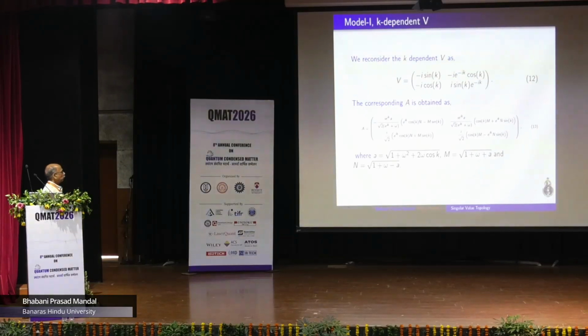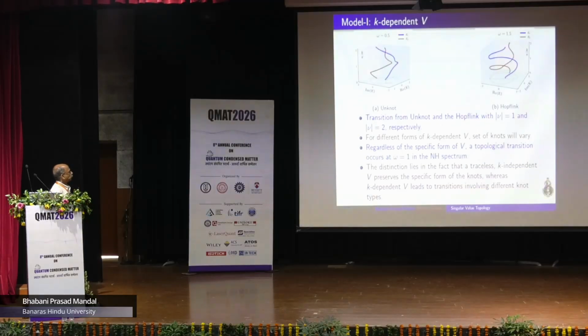Now, if we want to show a k dependent choice, the only thing we have to make sure is that this V has the same periodicity as our original H, the Hermitian model. That is, the periodicity from 0 to 2 pi should be the same, and as long as it is, there will always be a knot transition in the A matrix. But when you have a k dependence, then the knot may be different.